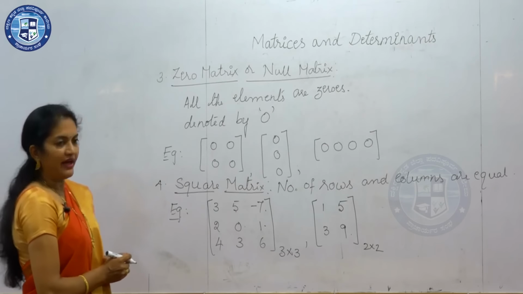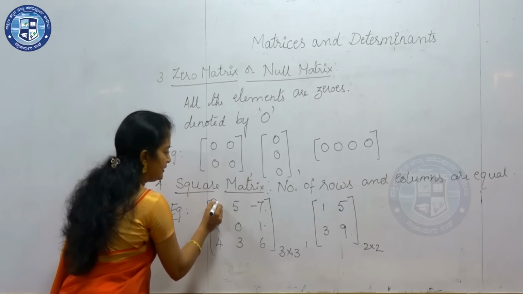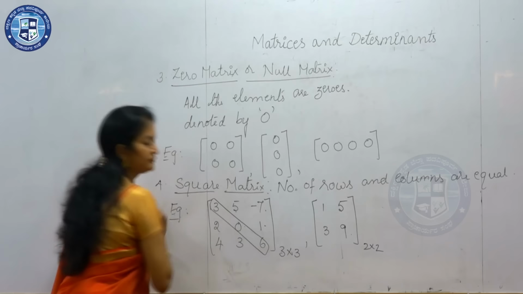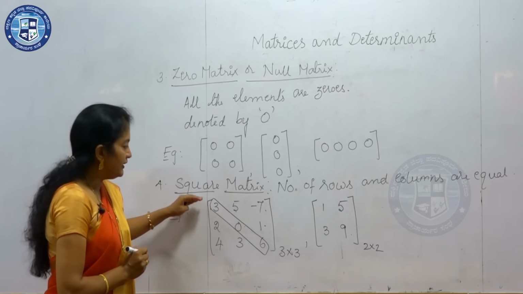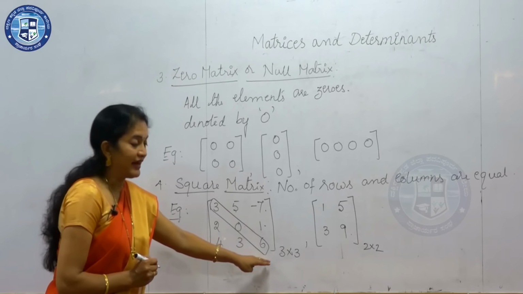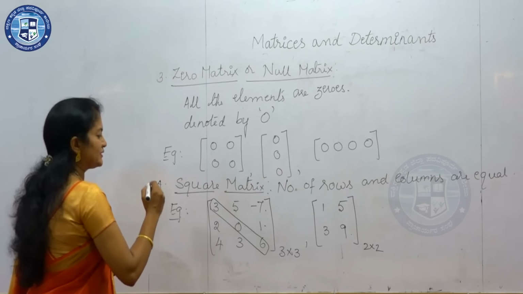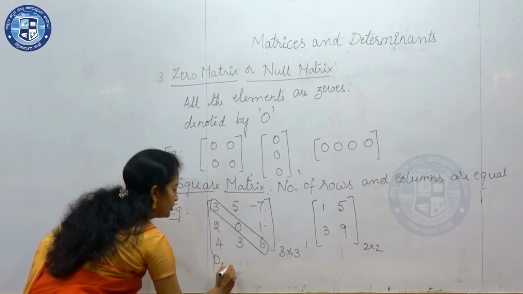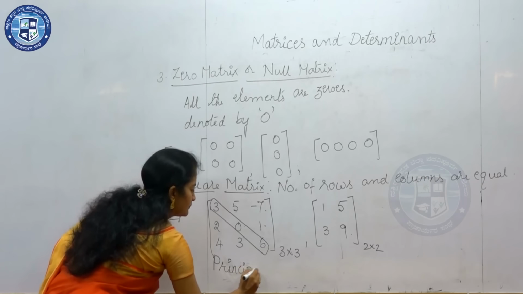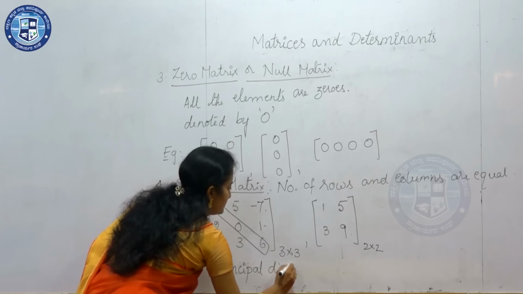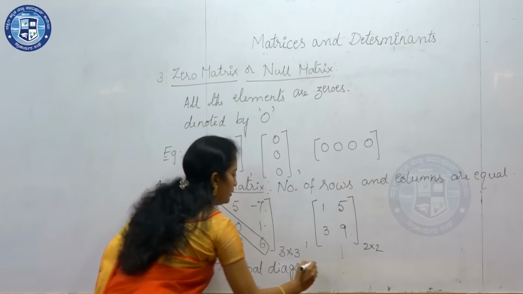Now in a square matrix you can see a diagonal from left top to the right bottom. This is called principal diagonal or leading diagonal.